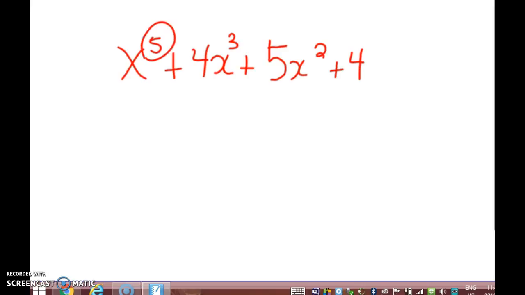So let's see. Okay, so if this is a degree of 5, then it's changing direction 5 times. And the possible x-intercepts would be 5. Okay, it doesn't mean there are 5 x-intercepts, but there could be a possibility of having 5 x-intercepts.